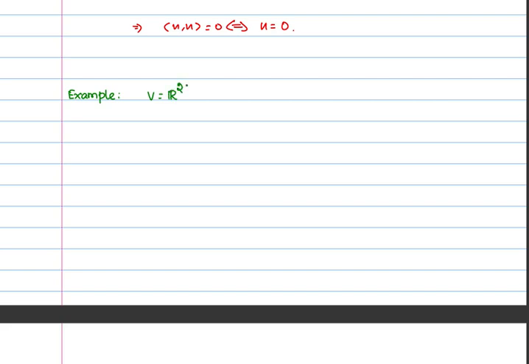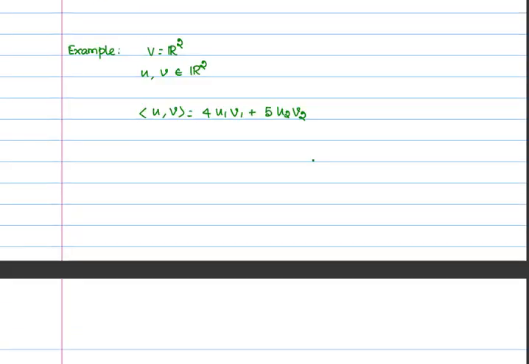Now I define U comma V belonging to R2, and I define the inner product U comma V as 4 times U1 V1 plus 5 times U2 V2. So I define the inner product in such a way. Now it satisfies these conditions, quite obviously.